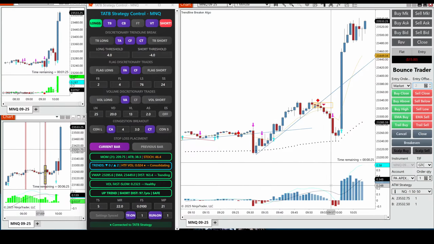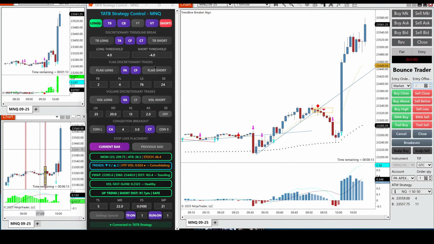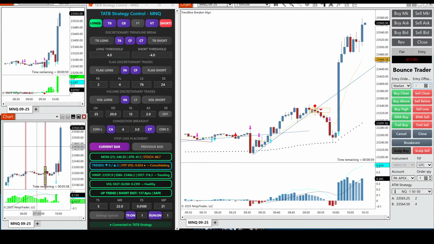They come from the volume indicator, which is here, and also the congestion indicator, which says here. And also there is a divergence indicator here. I just loaded on 5, this is 5-minute, and this is 15-minute for higher time frame.